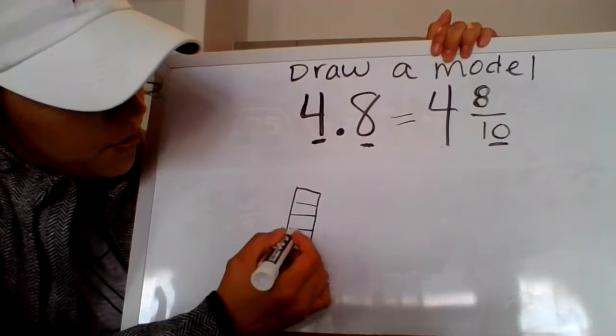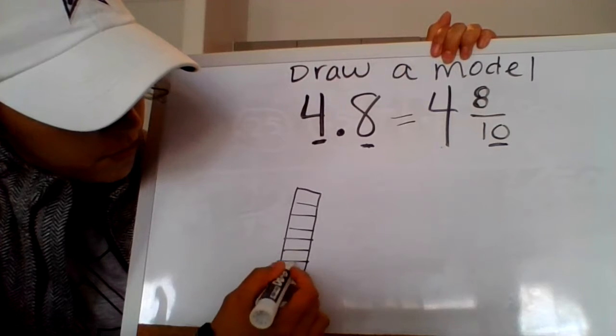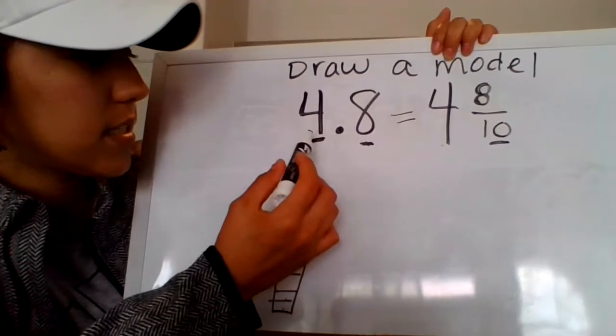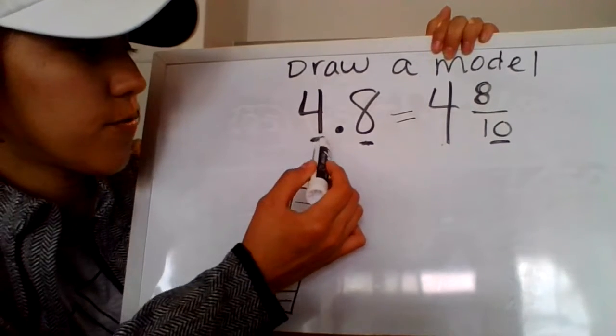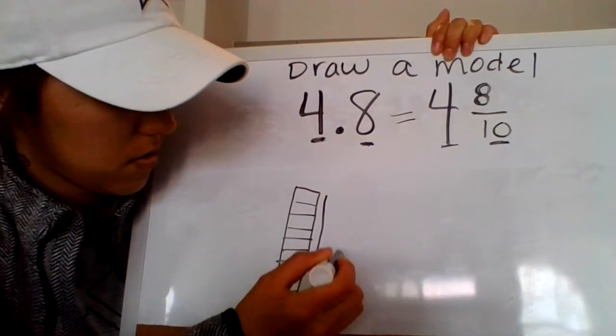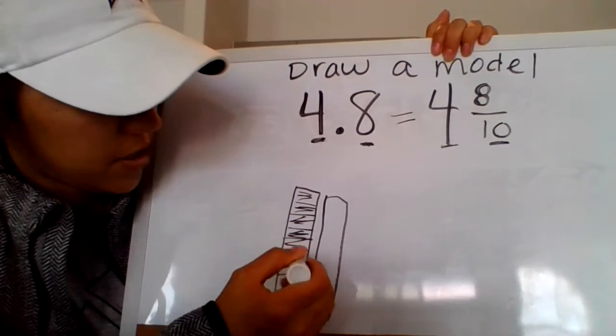1, 2, 3, 4, 5, 6, 7, 8, 9, 10. Okay? And I have to do 4 of these because I have 4 wholes. So I'm going to shade in this one.